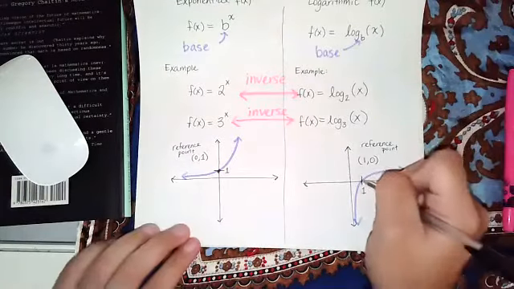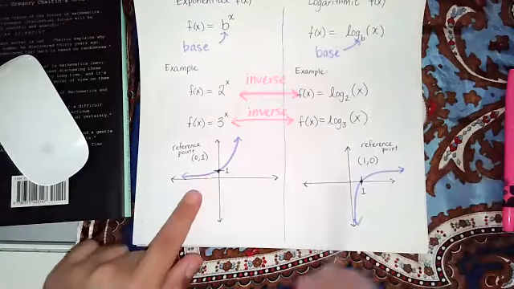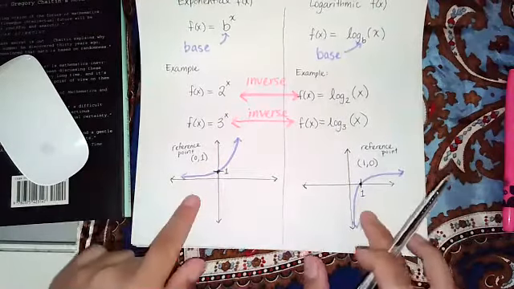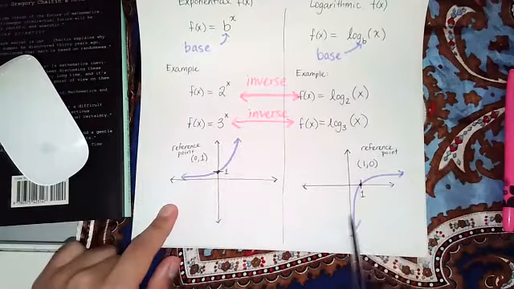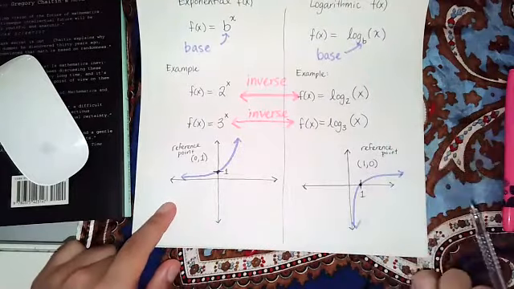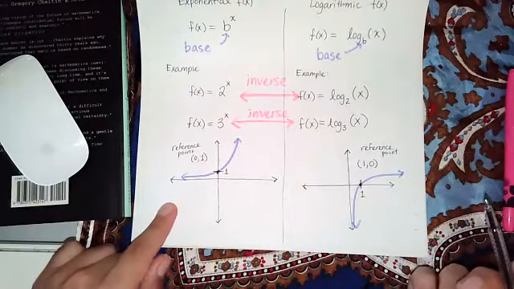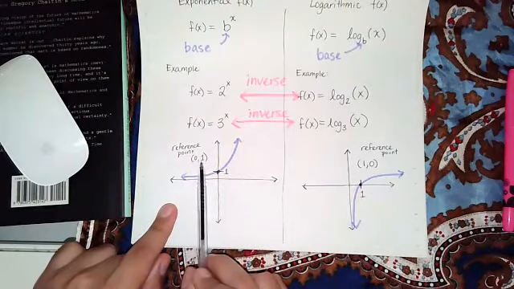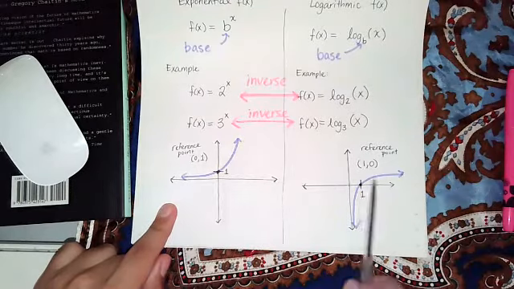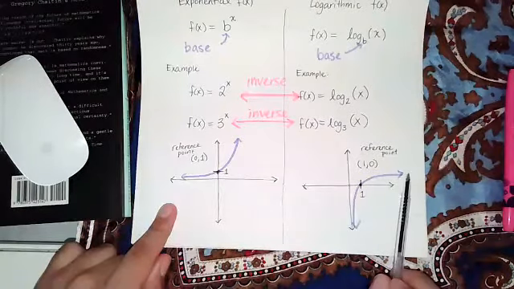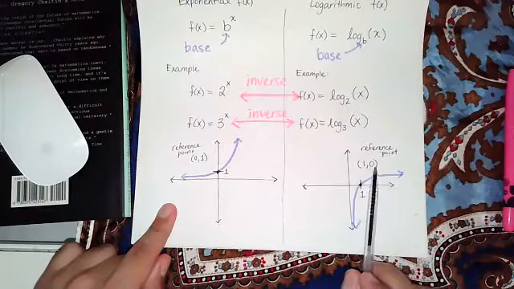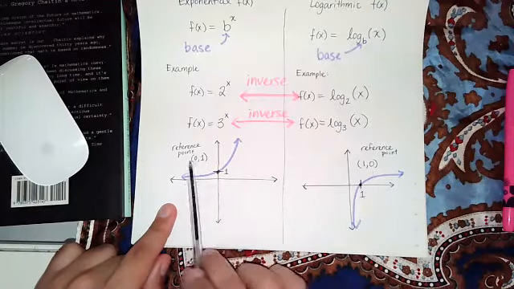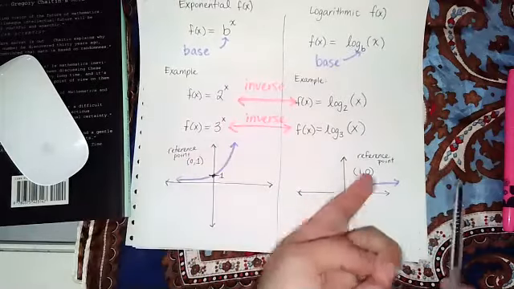And that's pretty interesting, actually, because it looks like these two graphs, if we were to put them on the same graph space, are sort of like reflections across some imaginary diagonal line. Another thing that's interesting to note is that the reference point for this exponential function is at 0, 1, and the reference point for the logarithmic or inverse function is at 1, 0. So it's as though the coordinates here have been swapped, right? 0, 1 gets flipped around to 1, 0.